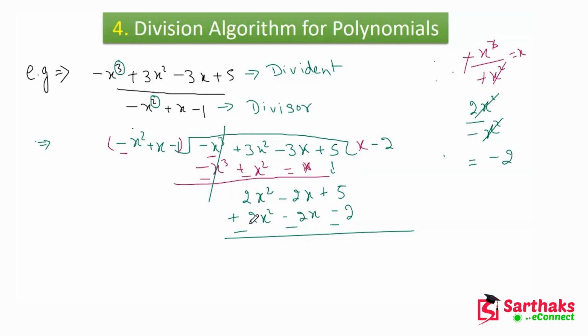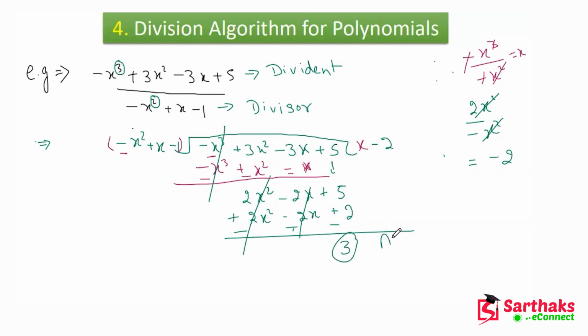Subtracting, the x square terms cancel, and again minus minus becomes plus, so the x terms cancel. From the constant terms, 5 minus 2 becomes 3.